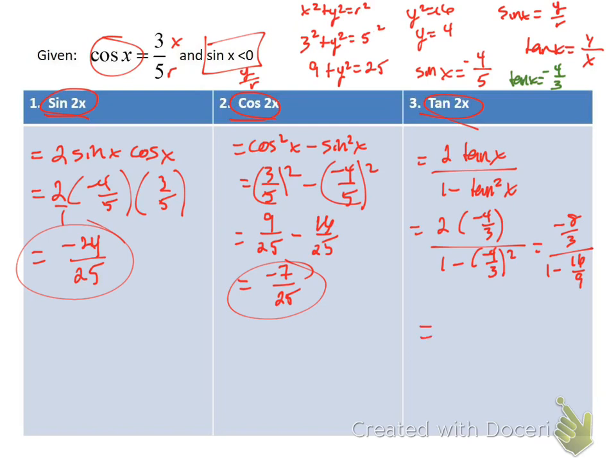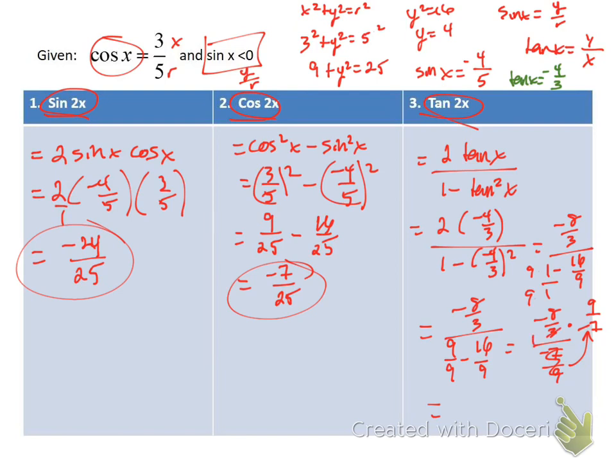All right, so negative 8 over 3 over, now 1 minus 16 over 9 requires us to get a common denominator for the 1. So we go 9 over 9 minus 16 over 9. So we get negative 8 over 3 all over negative 7 over 9. Now we want to flip and multiply by the reciprocal.